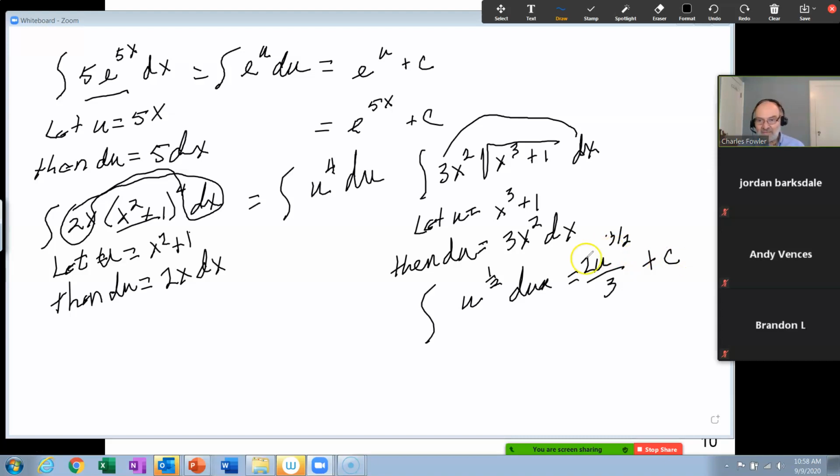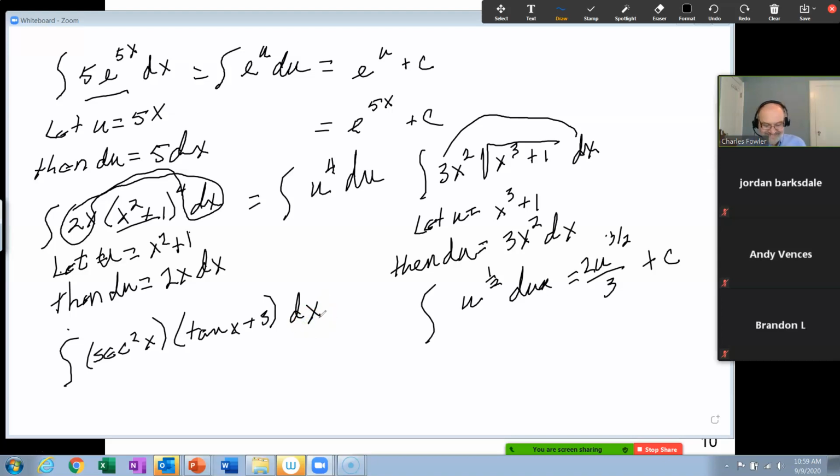How about if you had a trig function here? Will that work too? We sure hope so. If I can get my pen to show it. There it is. Okay. The integral of secant squared x times (tangent x plus 3) dx.